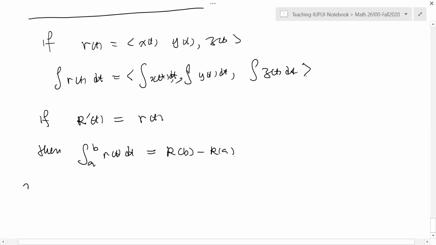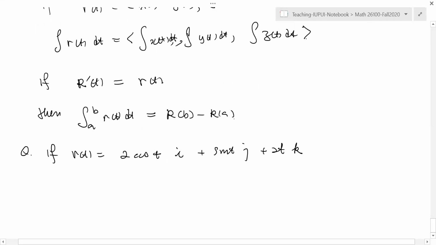Now let's take a look at this next problem. r of t is 2 cosine t i plus sine t j plus 2t k. Let's find this indefinite integral.